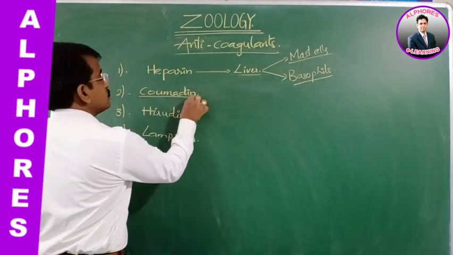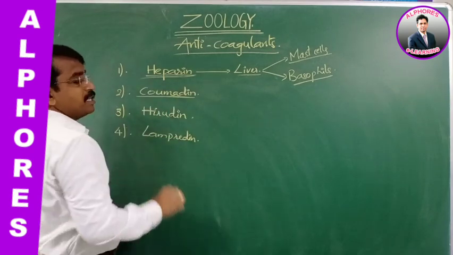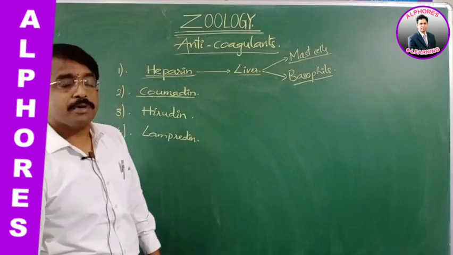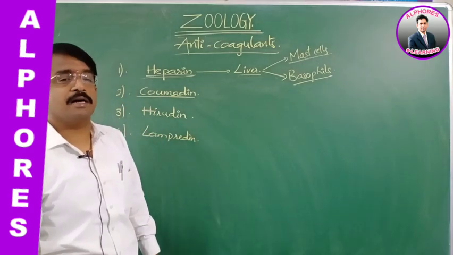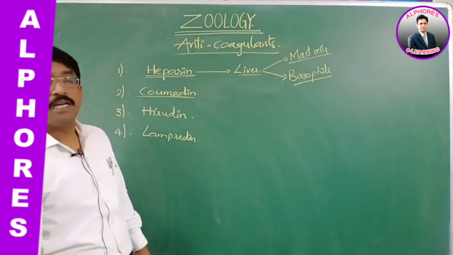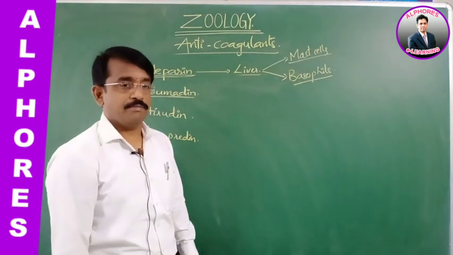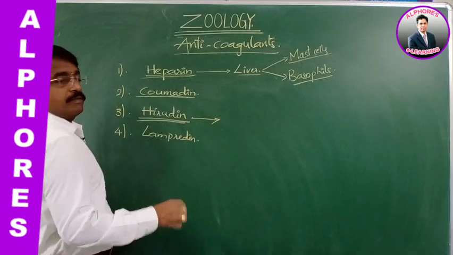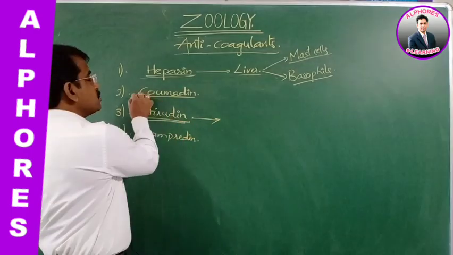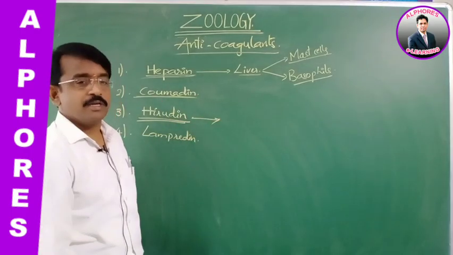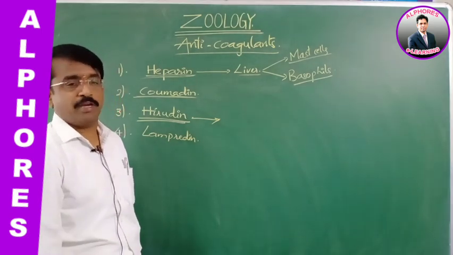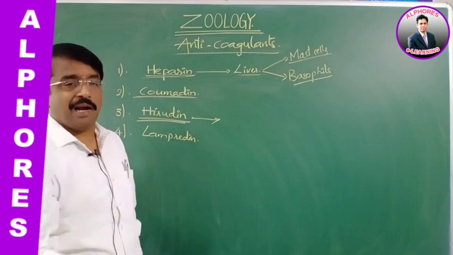The second one is Coumadin. Coumadin is of plant origin, present in the form of precursors called warfarin in the plant. Precursor means early form.